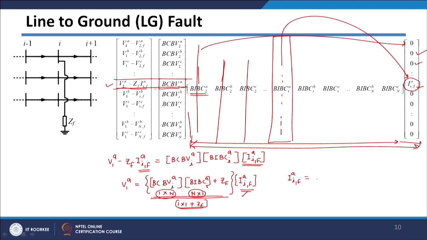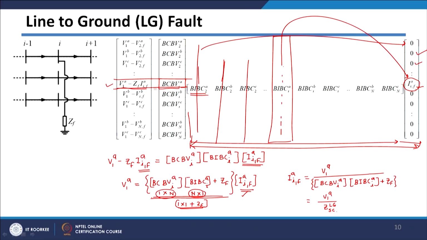So it will be V1A phase divided by this matrix which is BCBV, IA and BIBC, IA plus your ZF, and this I can say is V1A divided by Z SC in case of LG fault.